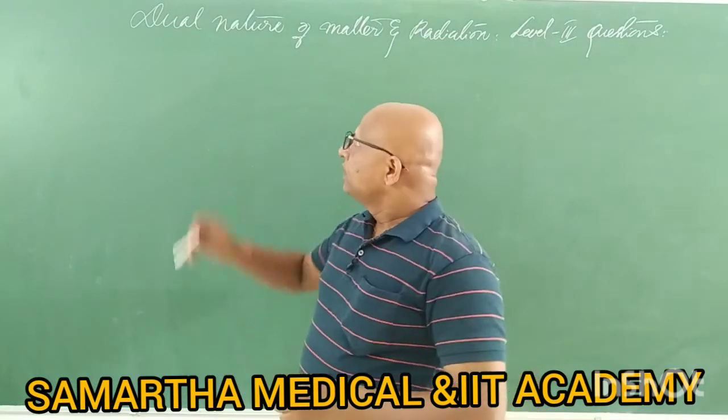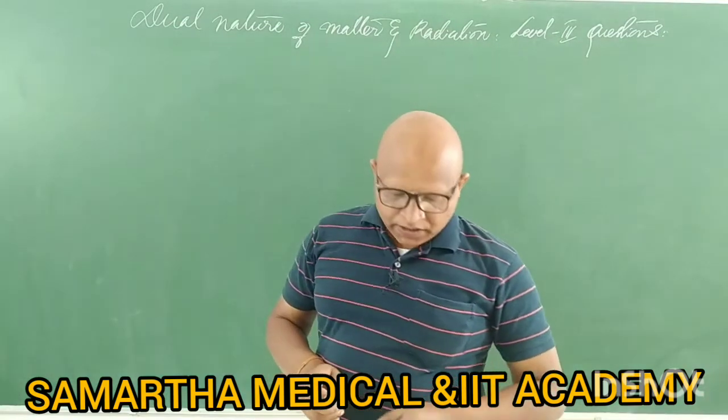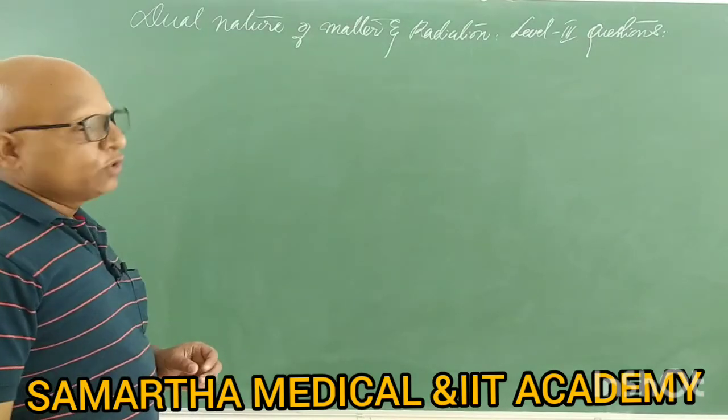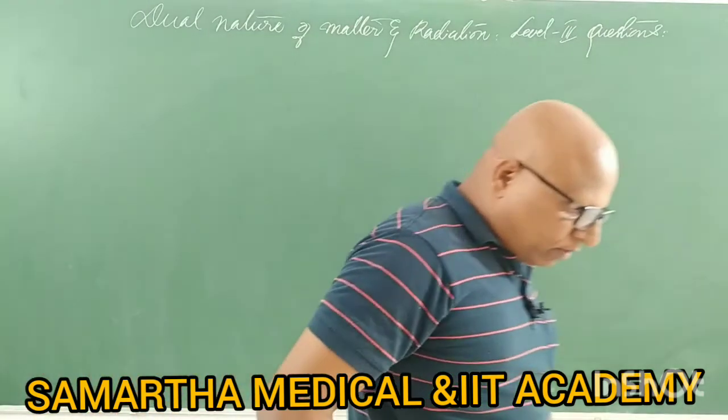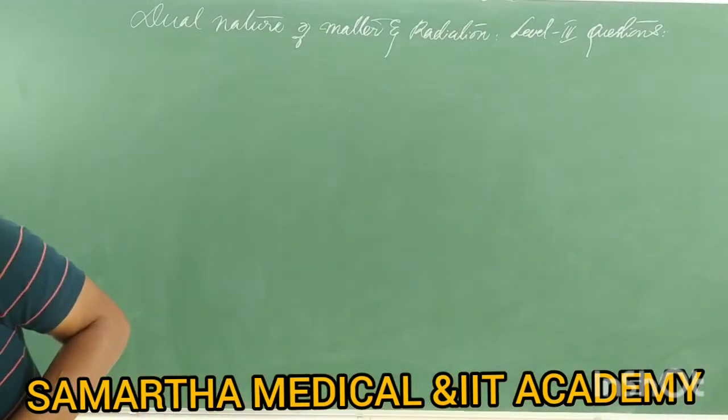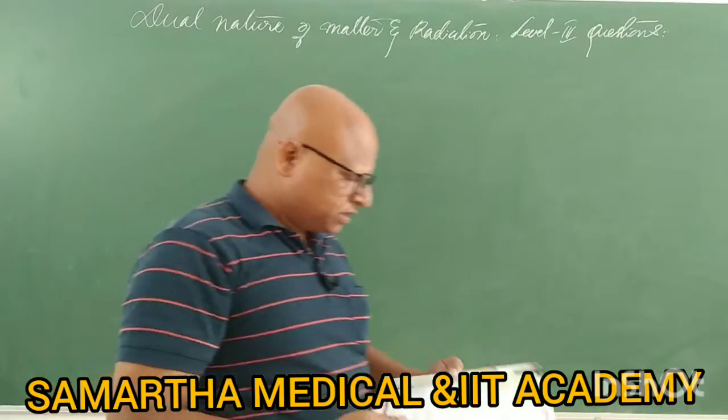Welcome back. This is dual nature of matter and level 3 questions we were discussing, and in those questions 2 questions have already been solved, the first question and the second question. We will come to the third question, which is of the same type as the second question.